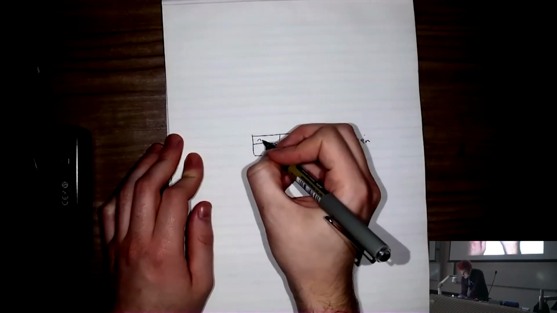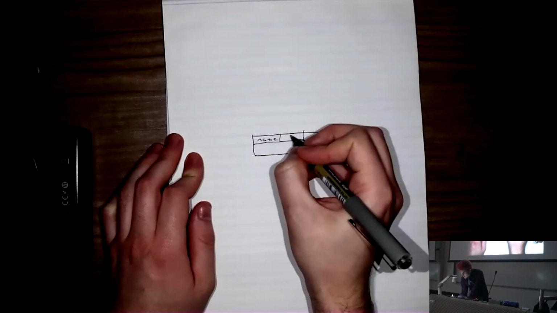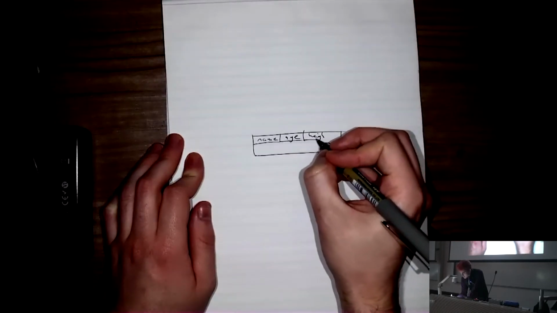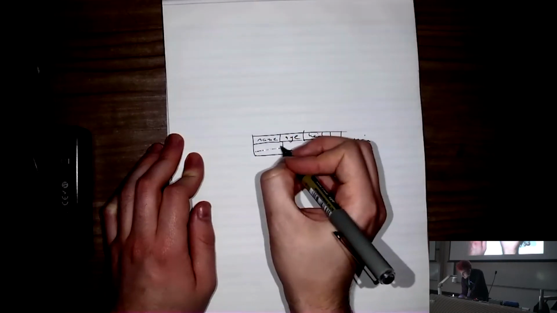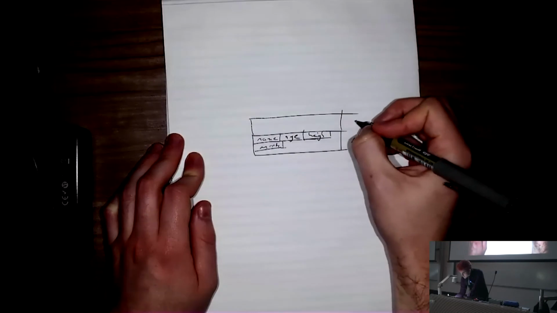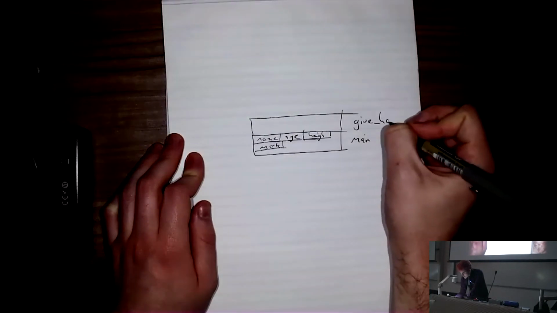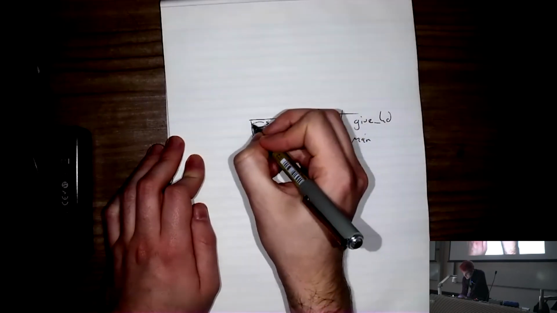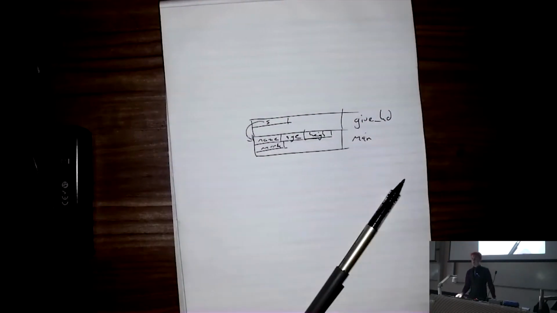It's got a name, it's got age, he's got height, he's got a mark. And then we call this function on top of it called givehd. And that has this s, which points back down into main and tells us where that struct is.